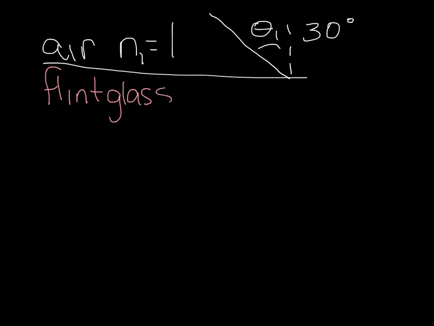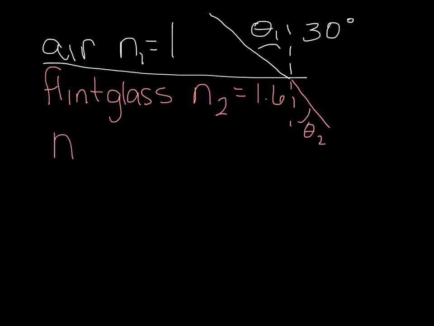Since it is our second material, it's an n2. Our flint glass is 1.6. And we don't know what that angle is, but we need to find it, theta 2.